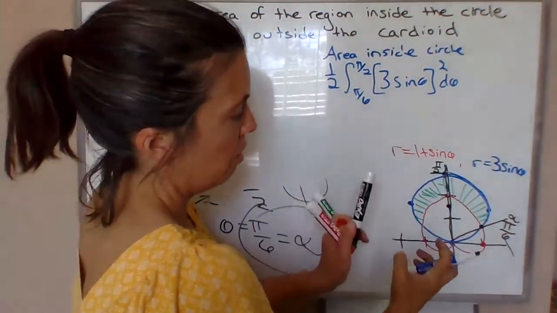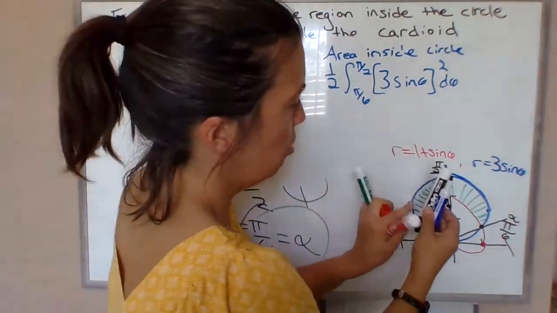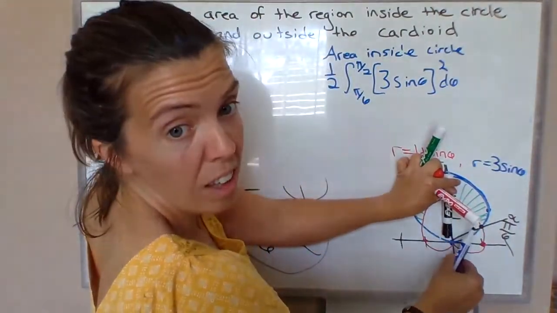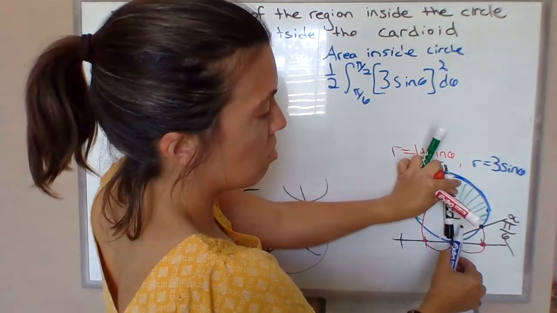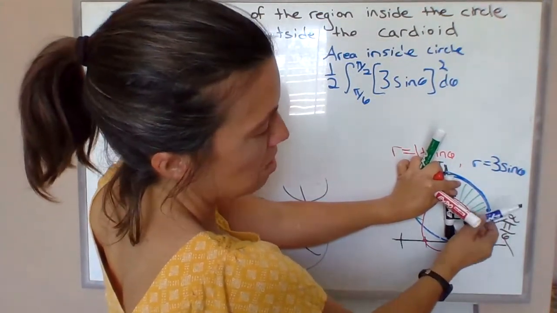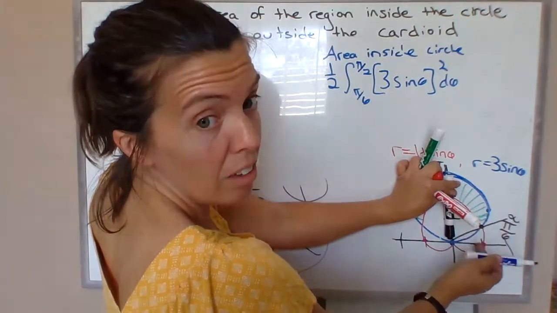But the area inside the circle between these two rays is going to include the area inside the cardioid. So we want to subtract the area inside the cardioid so that we end up with just this area outside.